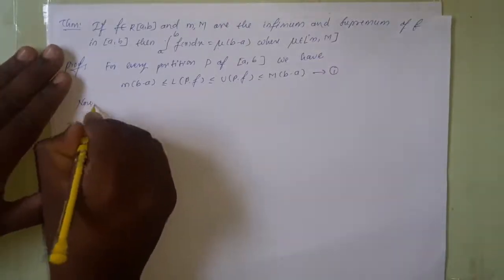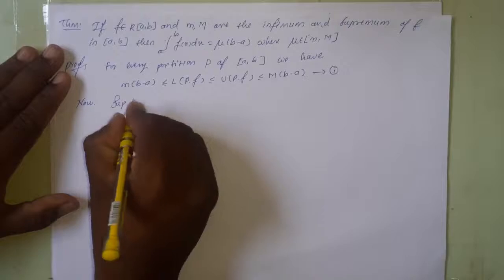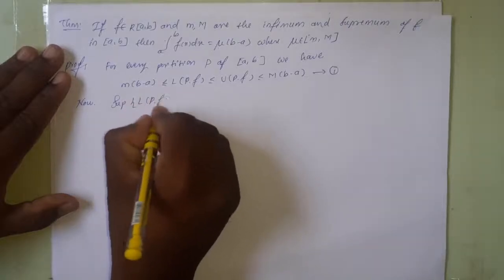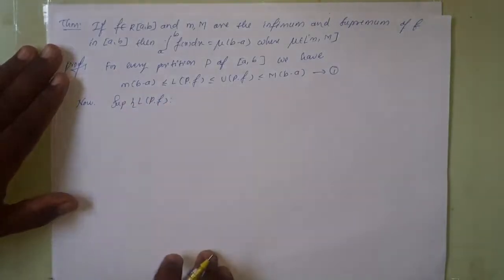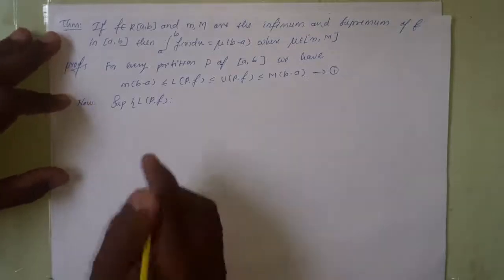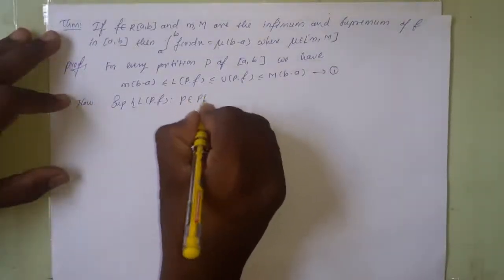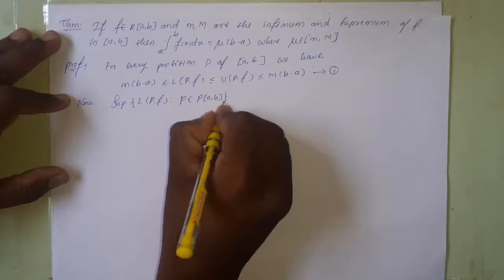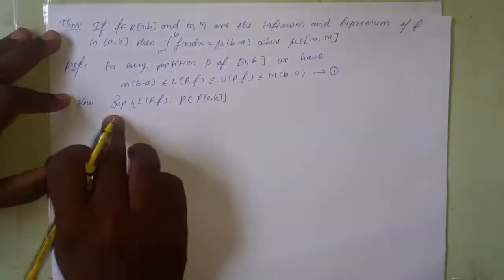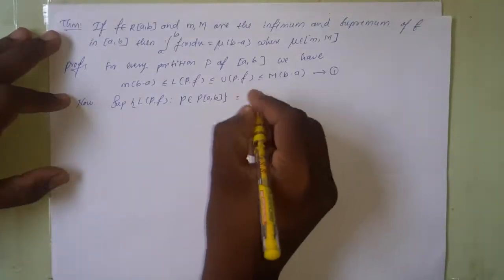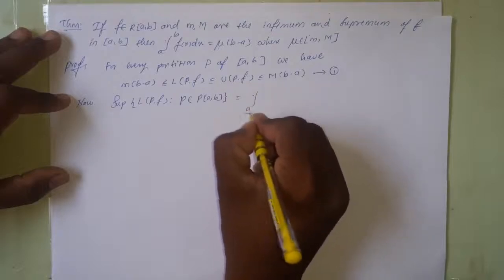Now consider the supremum of all the lower sums, where P is a partition of the closed interval [a, b]. The supremum of all the lower sums is nothing but the lower Riemann integral.